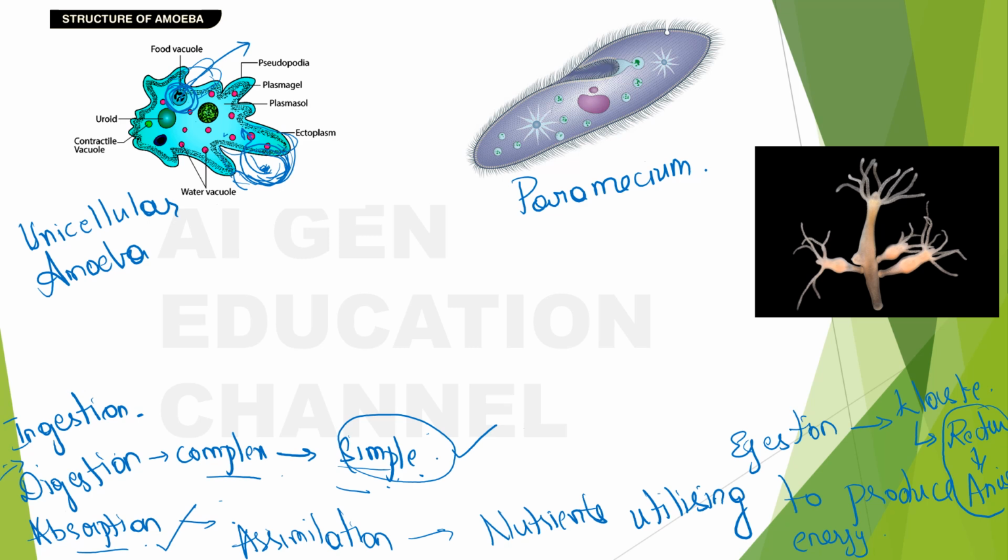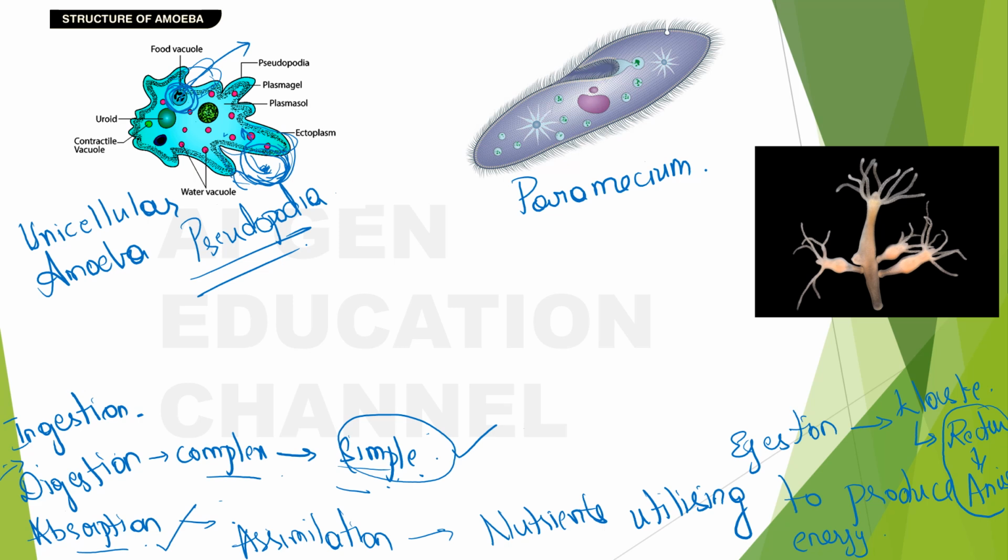We need not delve deeper into the detailed process involved in amoeba. The main thing here is that in amoeba, this process of holozoic nutrition will happen through what? Pseudopodia. Pseudopodia will help in ingestion of the food, okay?